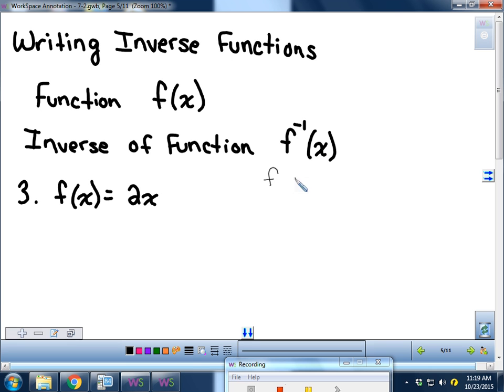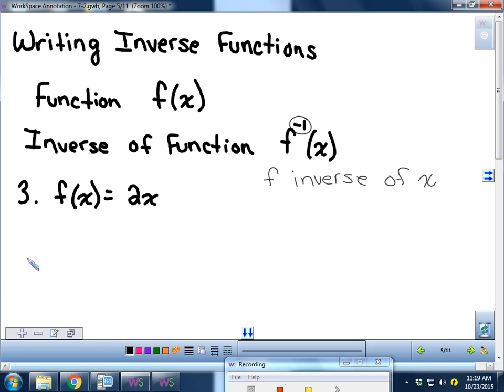So instead of f of x, we do f inverse of x. That's what this little negative up top means. That little negative means that that is your inverse. So anytime you find the inverse of something, if you don't put f inverse of x equals, you're going to get it wrong. Okay?